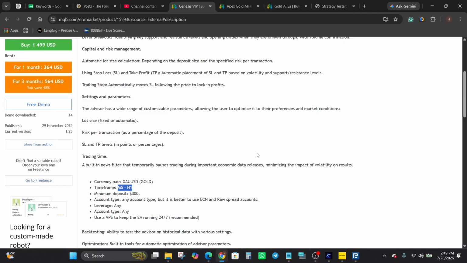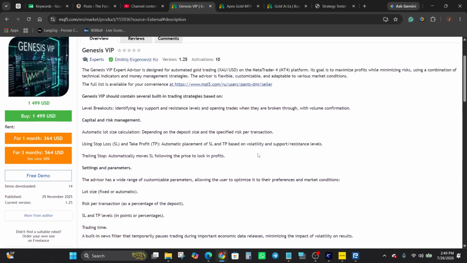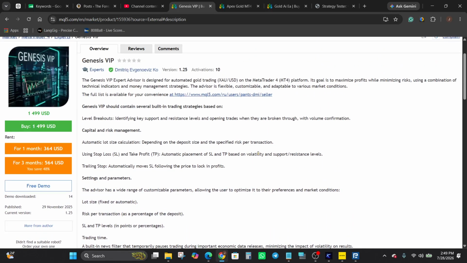Its core approach centers around level breakouts, identifying key support and resistance areas and confirming entries with volume. The listing highlights several customizable features, including automatic or fixed lot sizing, adjustable risk parameters, automated stop loss and take profit levels based on market volatility, and a trailing stop mechanism as well.